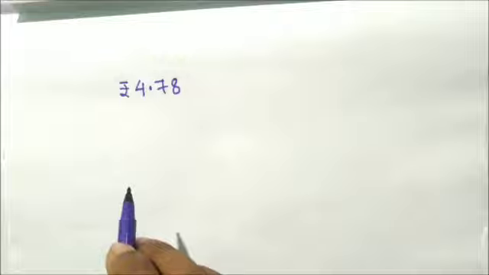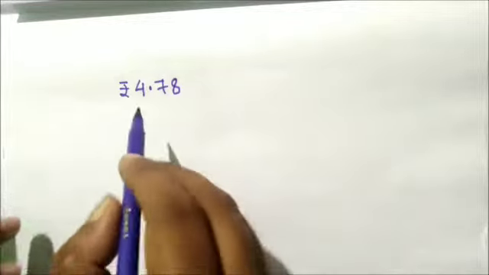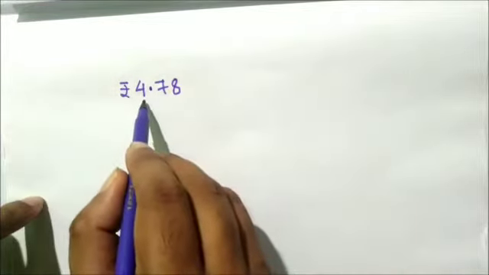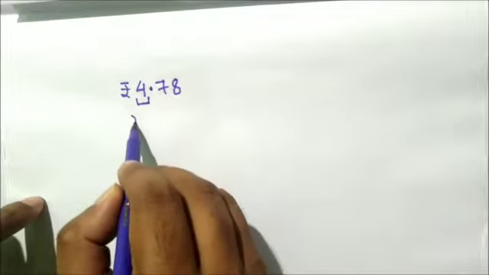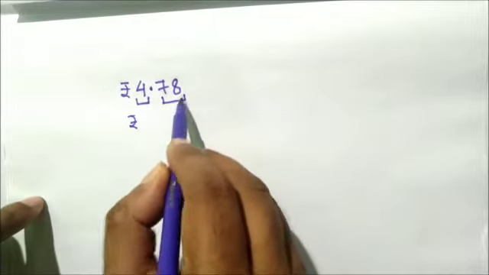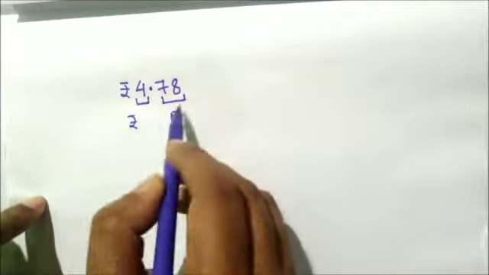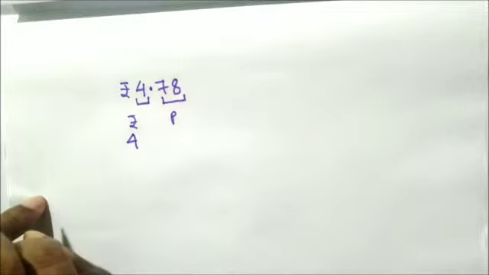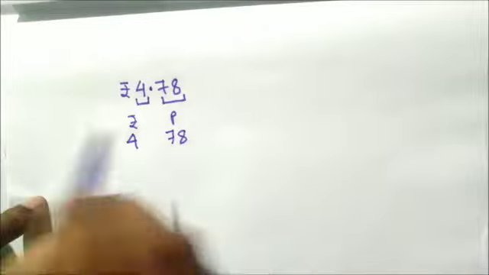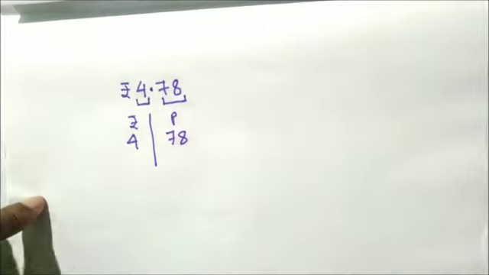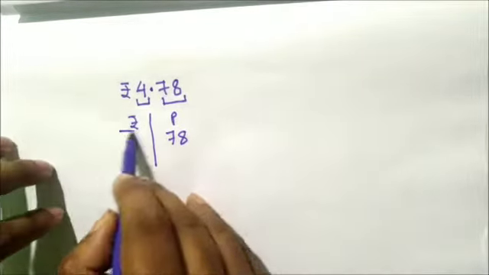What does it actually mean? Actually it means this part is the rupees and this part is the paisa. So rupees 4.78 means rupees 4 and 78 paisa. Actually it is the main thing that is to be learned by you here today.